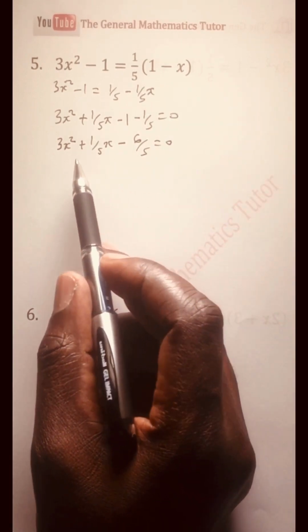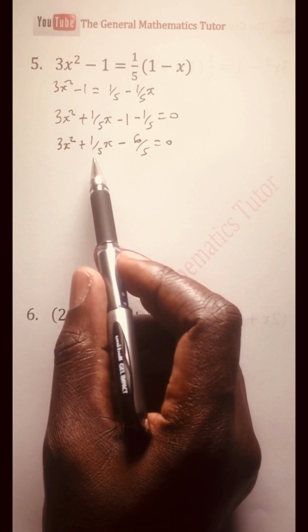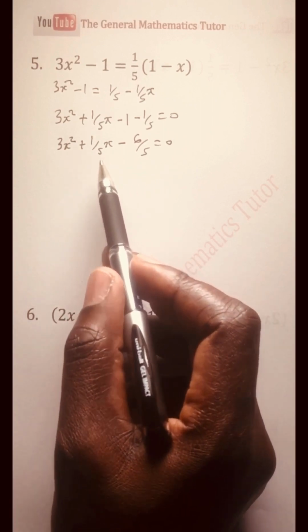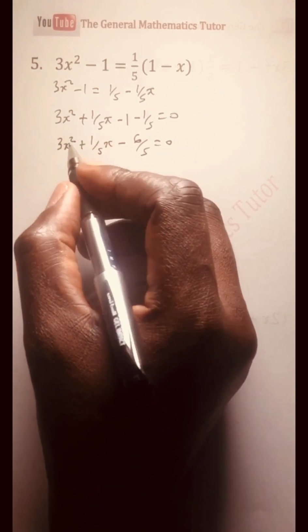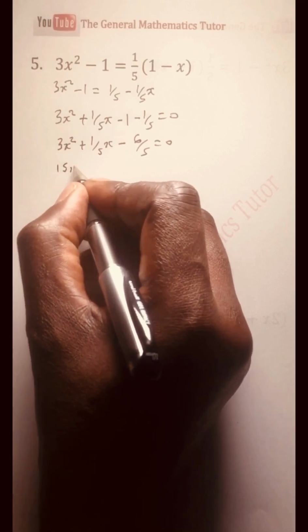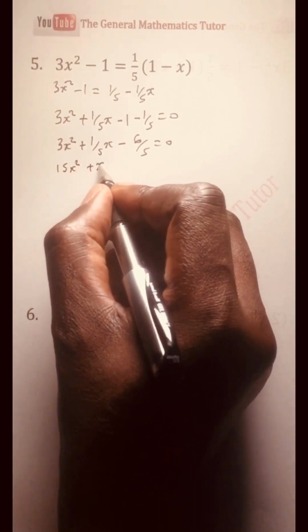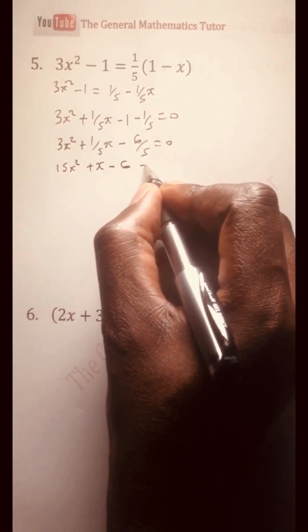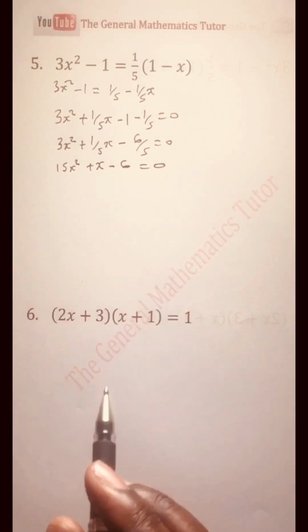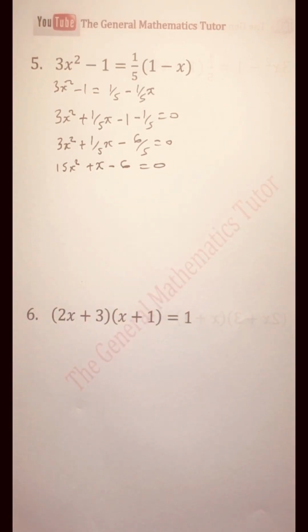So we can simplify this quadratic equation by multiplying every term by this denominator. So if we multiply this by 5, we're going to get 15x squared plus x minus 6 is equal to 0. So now we have the quadratic equation in the standard form.